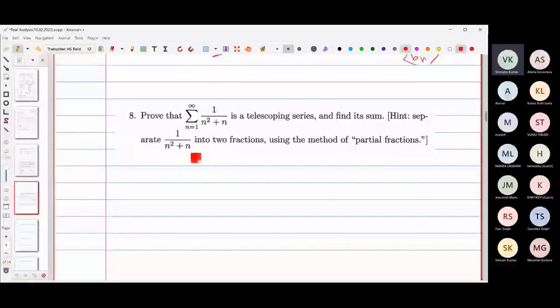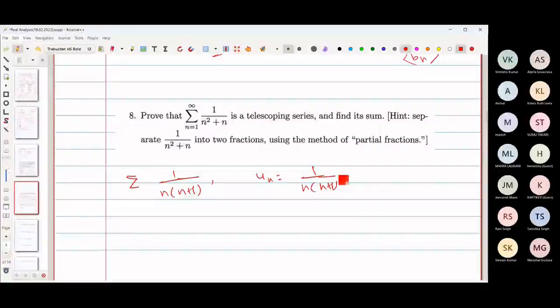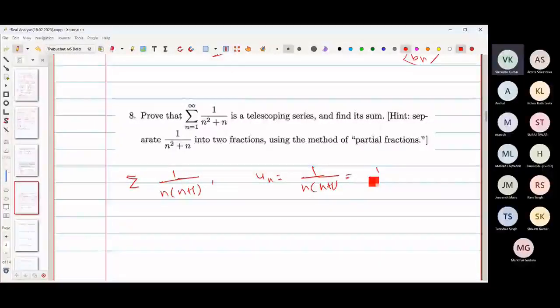And this question we have done already in the class using partial fractions. So un is 1 upon n times n plus 1. How can we write it? 1 upon n minus 1 upon n plus 1. So this is nothing but a telescopic series. Then Sn is 1 minus 1 upon n plus 1, where n goes from 1.